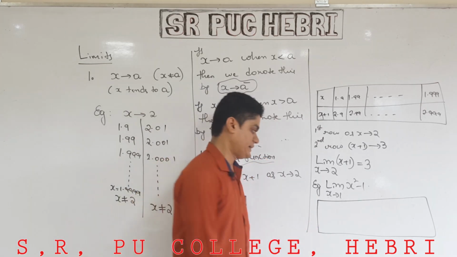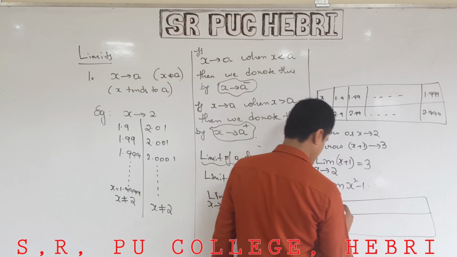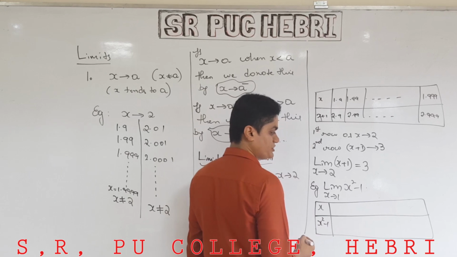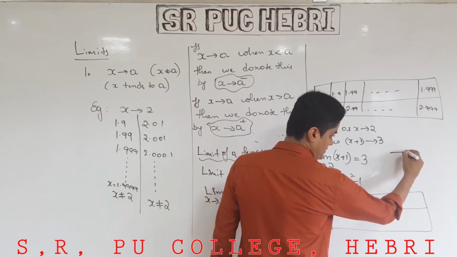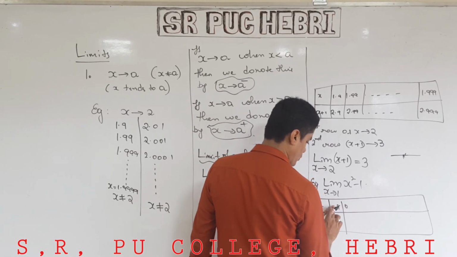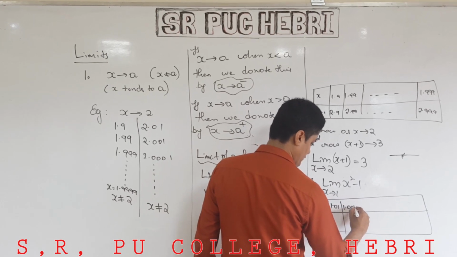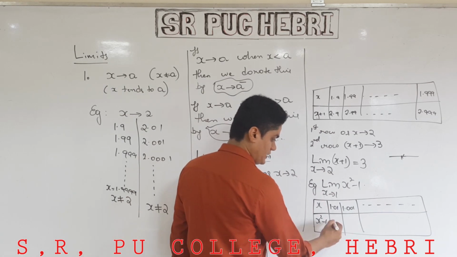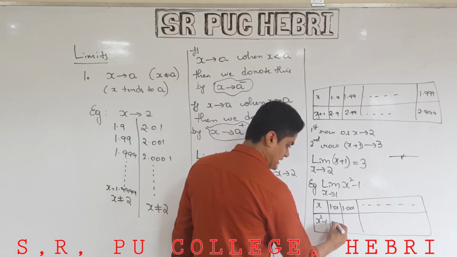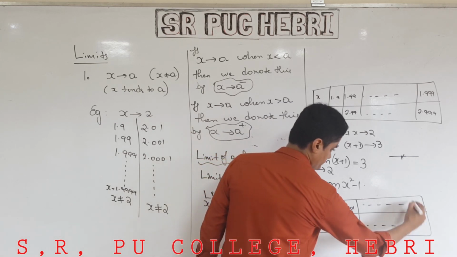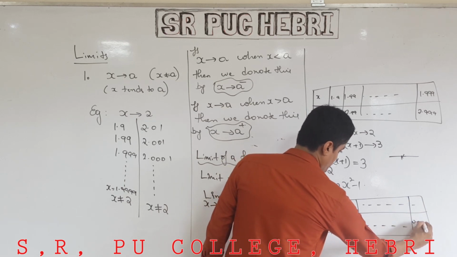I'll show you here. Can you tell me what you mean by x tends to 1 from the right hand side? What are the possible values? From the right hand side means this side: 1.01, 1.001 and so on. Then x square minus 1 will be approximately 0.01, 0.001 and so on, maybe 0.0001.